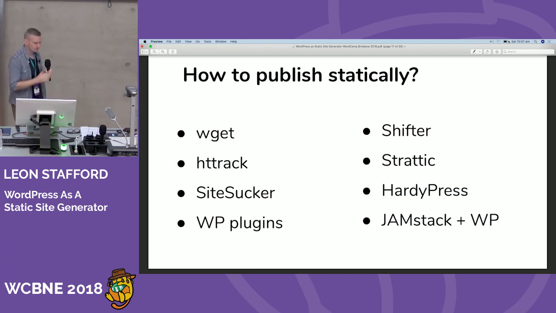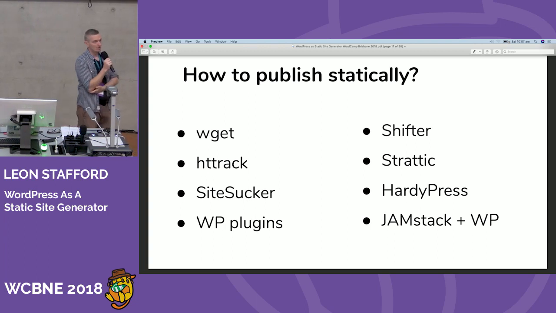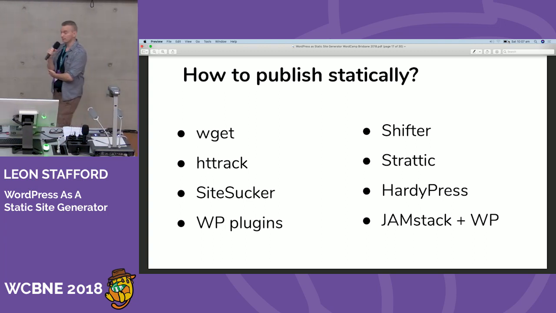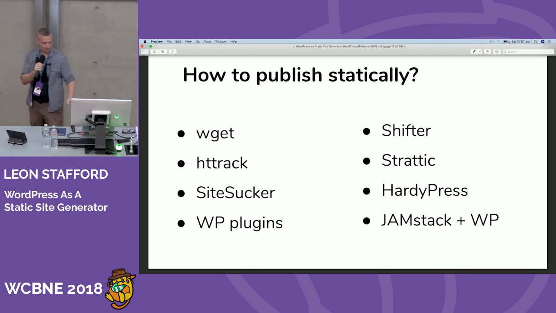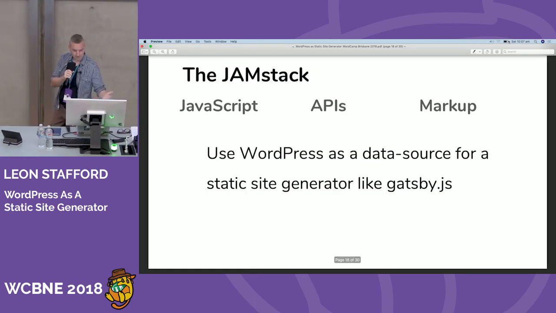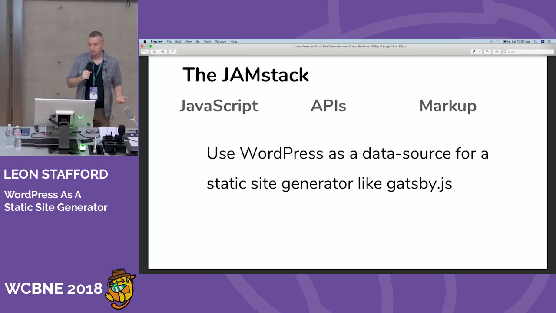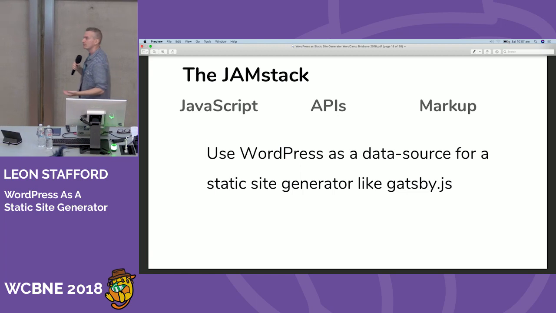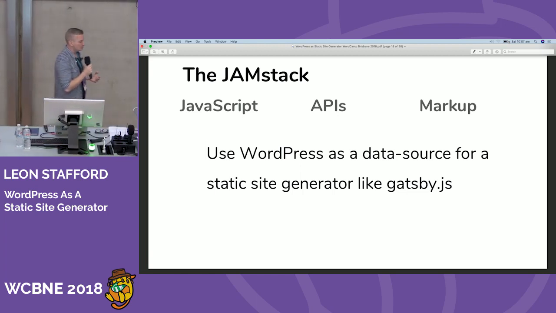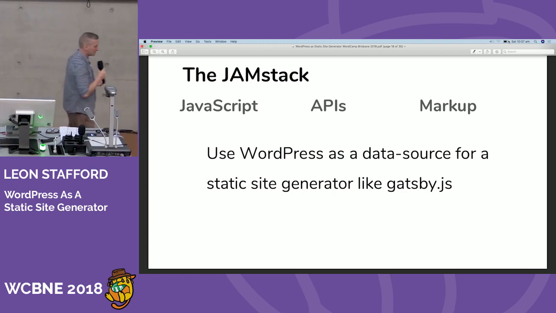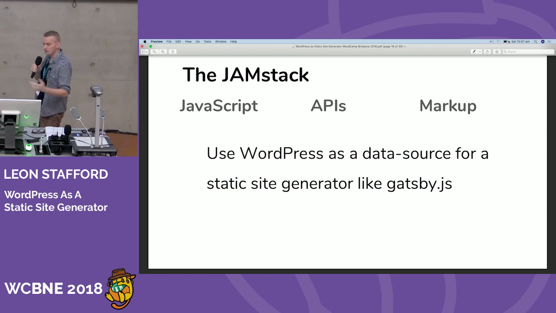Last on that list there is the JAMstack and WordPress. And I mentioned before JAMstack is something that Netlify's big user base is about. JAMstack stands for JavaScript, APIs and Markup. So kind of like the trendier way to build a website these days is to have a totally offline site.